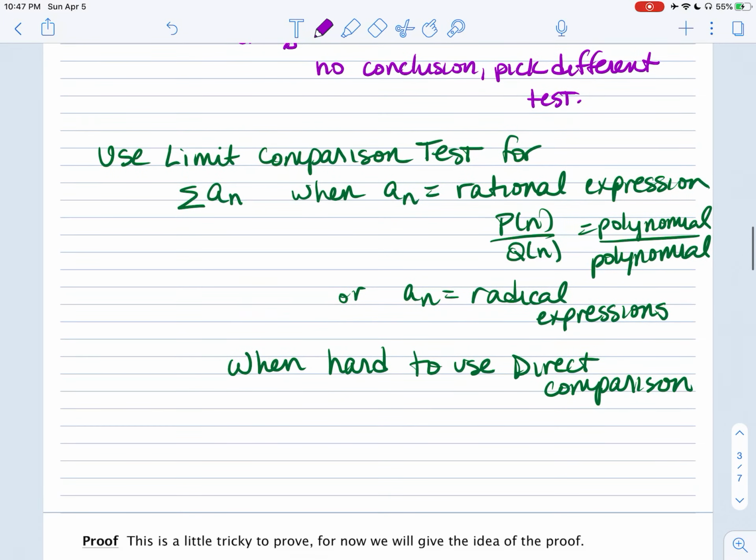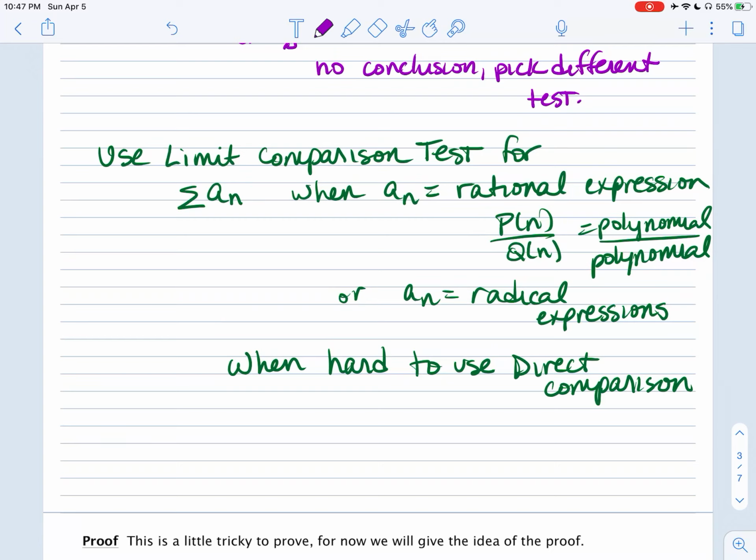Okay. So again, I remind you, when is it a good time to pick a comparison test? Because keep in mind now we've got more than one test, and it might be like the limits or calculations of integrals. Which method am I going to use? So which convergence test am I going to use? Am I going to use geometric series? Am I going to use p-series? Am I going to use the integral test?